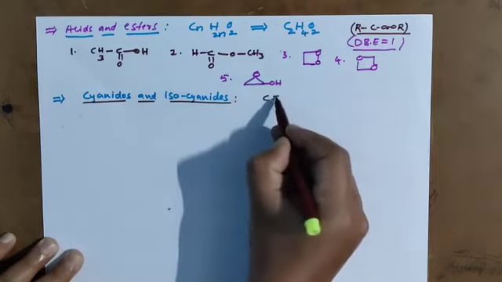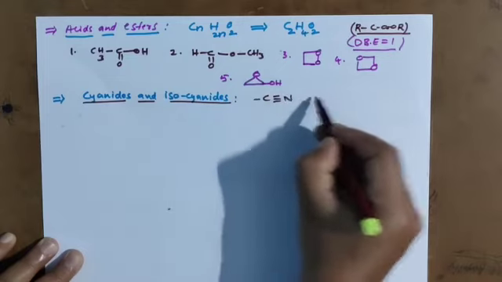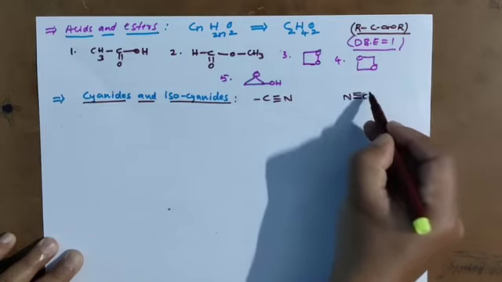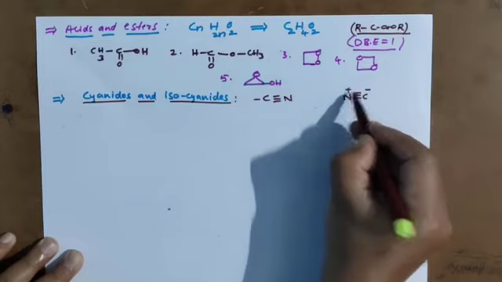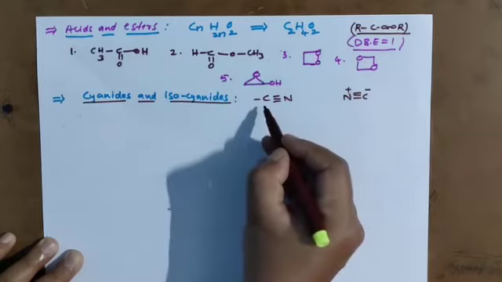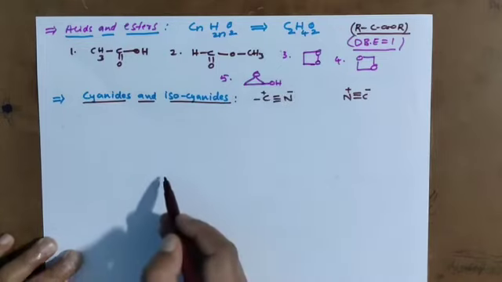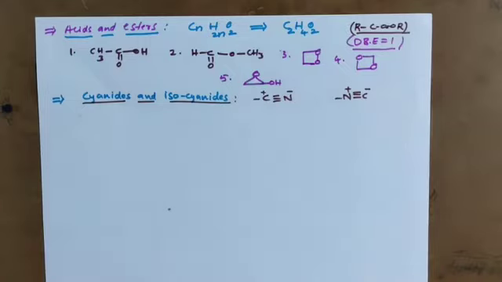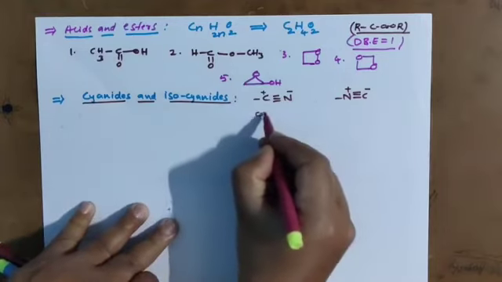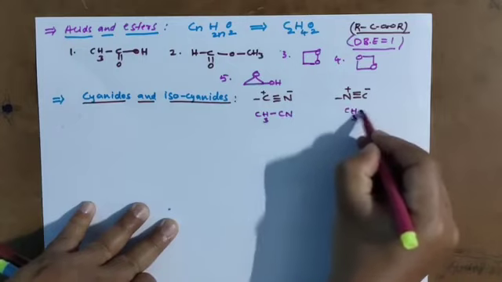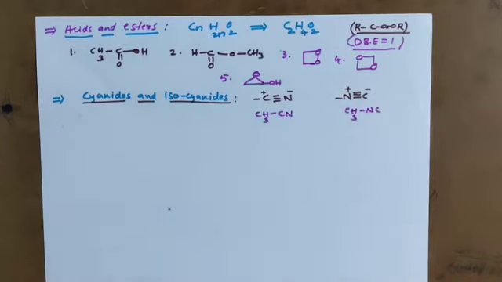Cyanides: C triple bond N, and isocyanides: N triple bond C, with this one minus, this one plus, and here this one plus, this one minus. Clear? Here I am taking the example CH3CN and CH3NC. Same molecular formula. These two are functional group isomers.